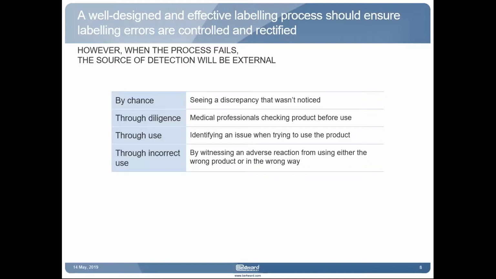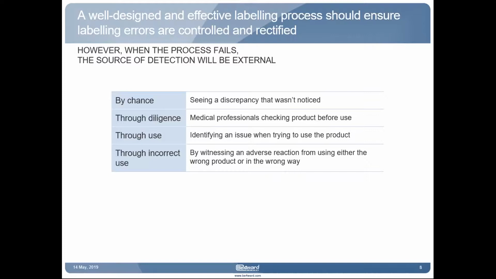And then finally, and the most significant and most unfortunate example, is through incorrect use. So we have an incorrect labeling, they follow the incorrect labeling, and then they don't get the outcome that they were looking for. Now, all of us who work in the healthcare industry, one of the key reasons we work in the healthcare industry is because we want to help make people better.